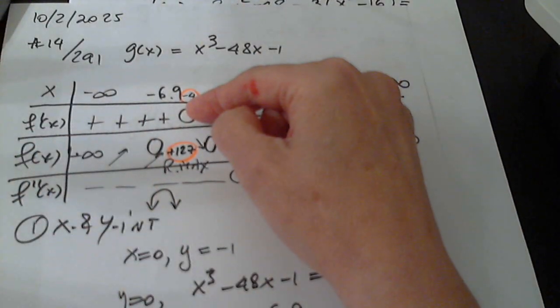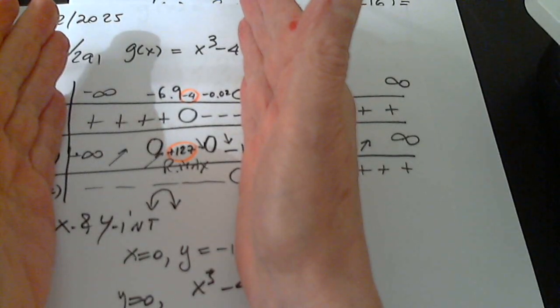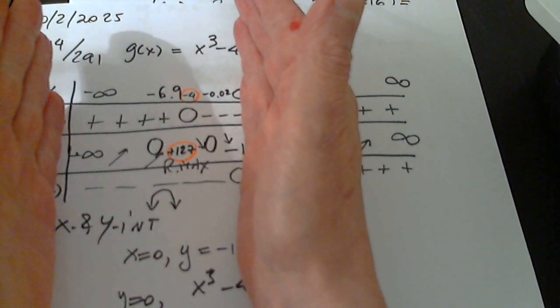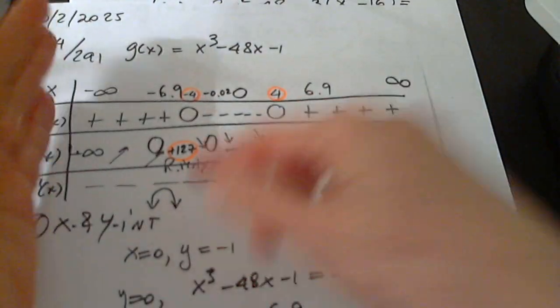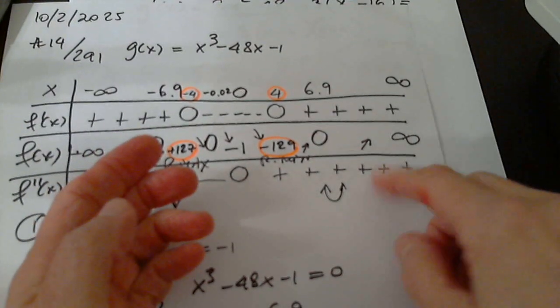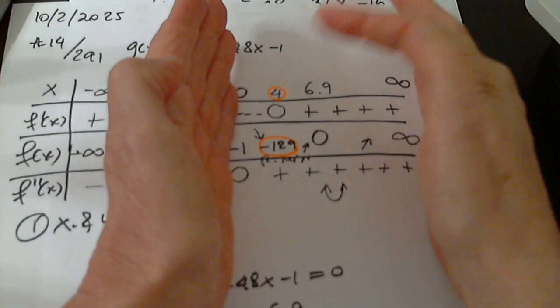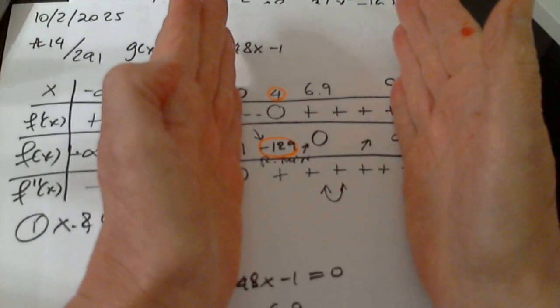I see a critical number when the function opens downward. Is this okay for this to be a relative max? Yes. Perfect. I see the function opens upward according to the second derivative. I see in here there is a critical number. Is it okay for this critical number to be a relative min?